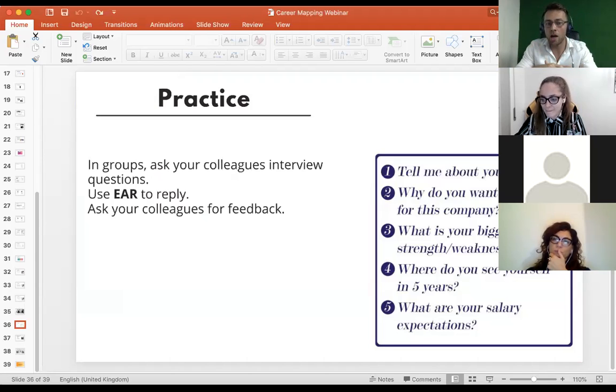In a sense, you say, I'm looking for a competitive salary which matches the market rates, or something along those lines, which is indirect. You answer, but you don't say a number. Whereas if you're going for an executive position, you have more power to negotiate, or more permission to really be a little bit more direct. But it is a difficult one. Remember, it's an art, not a science.